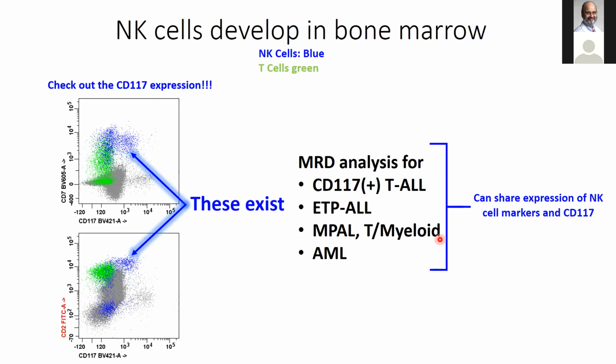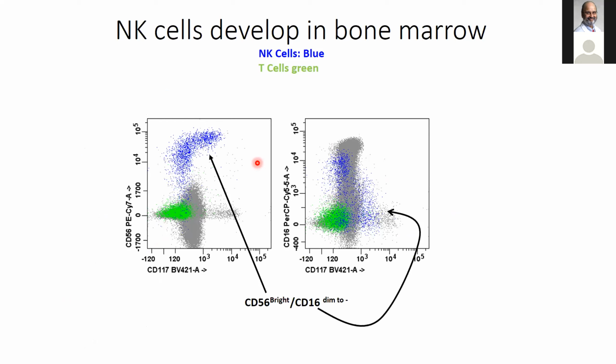So it can be really tricky and confusing if you're seeing a population of 117 positive cells that have CD7 and CD2 on them, and you're not aware that normal NK cell subsets do that. You might overcall minimal persistent disease of one of these, and in reality, it's not. It's an NK cell subset.